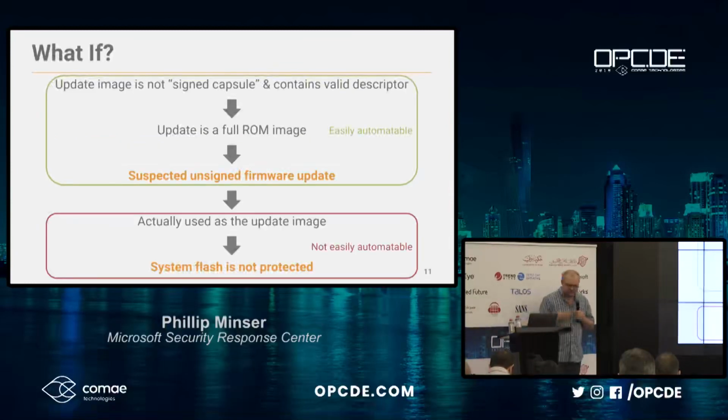So in our theory, we have two steps which we need to do to build the final algorithm to identify the vulnerable images. The first step is easy to automate. We basically need to download all of the images from all of the vendors' websites. Then we need to check which of them are not signed, which of them have a full ROM image, a full SPI ROM dump, and which of them have specific characteristics or specific fields in the SPI descriptor.